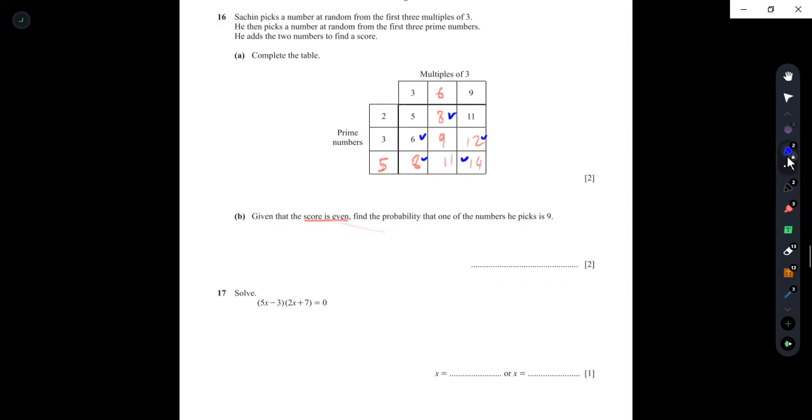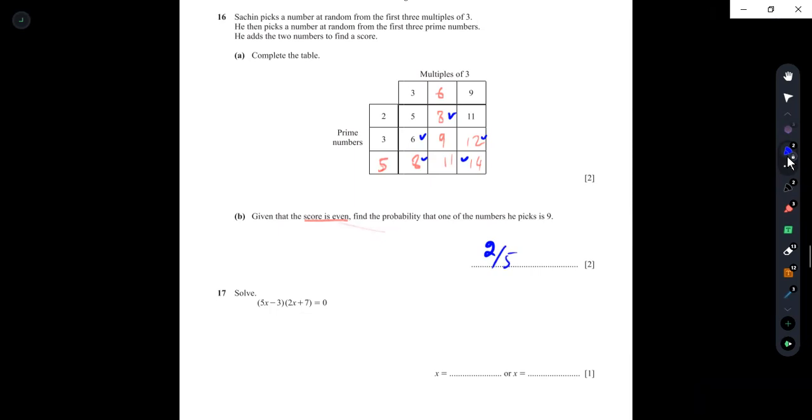So we can get 12 when he chooses 9, or he can get 14, both with 9. So when he gets 9 as a multiple of 3, then he can have two sums, 12 and 14. So there are 2 ways favoring his outcome out of 5 ways. So the probability in this case will be 2 out of 5.